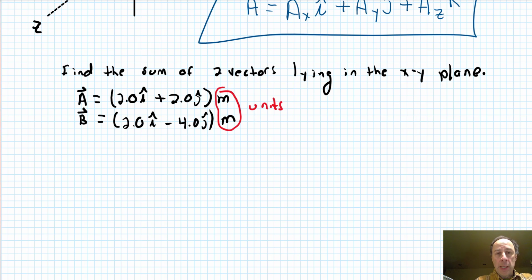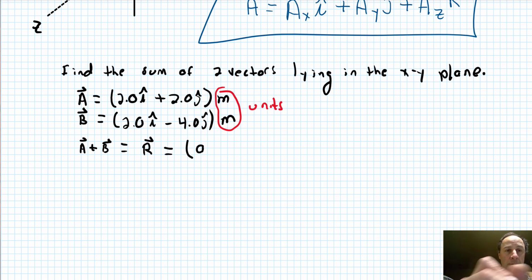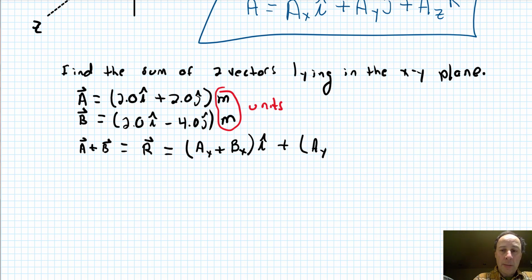Okay, so we're asked to find the sum. So that means we have to add A plus B. And to do that, we're going to add each component. So A plus B is going to equal the resultant. So we're going to add, remember, Ax plus Bx in the i hat direction, and then plus Ay plus By in the j hat direction.